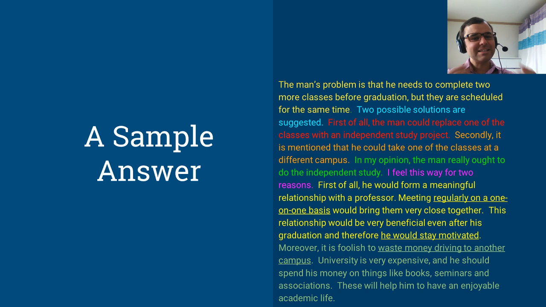All right, let's talk a little bit about some of the specific choices I made in this answer. First of all, as for the use of my time, I was looking down at the timer and I got it just like I wanted to, where I talked about the problem and the solutions for 30 seconds, and I talked about my choice for 30 seconds.